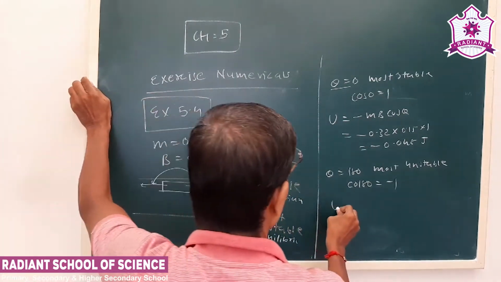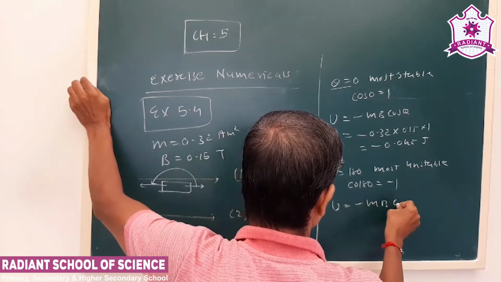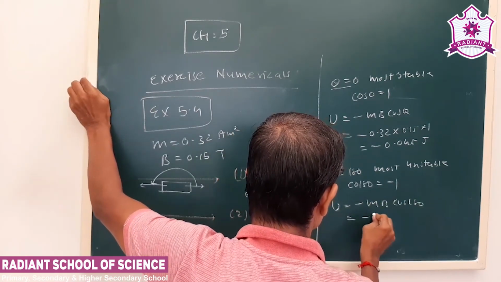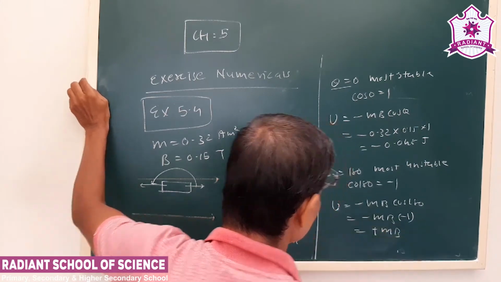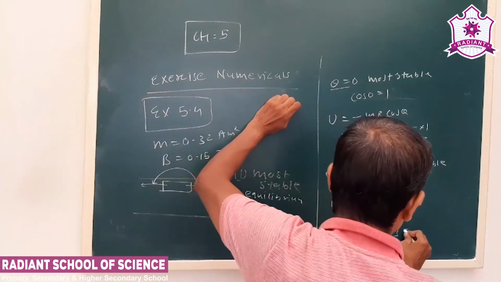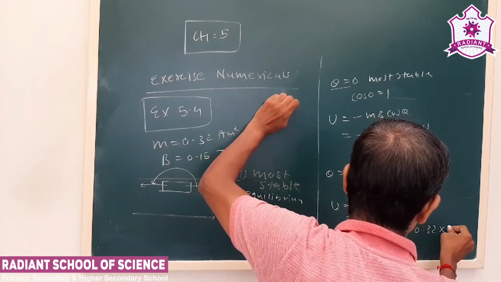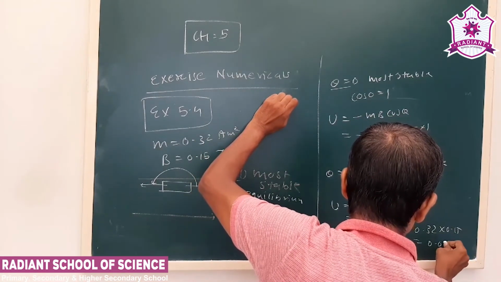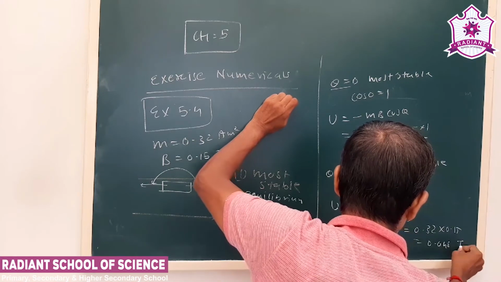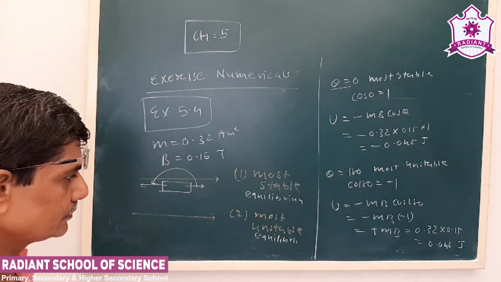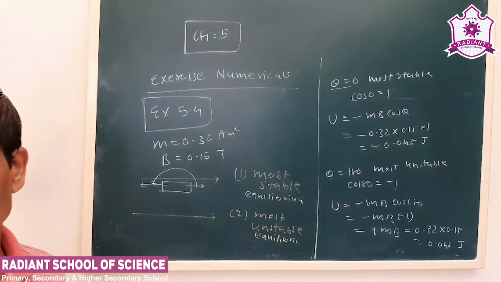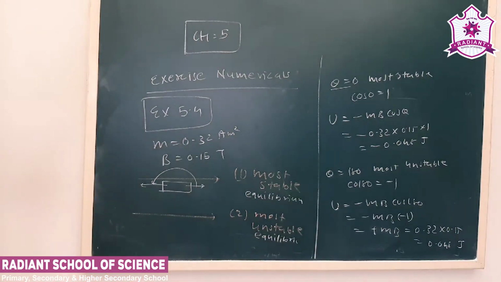So U is equal to, now you get a similar value here, with the opposite sign. So that is the value of the potential energy in the most unstable condition. See, this is about exercise number 5.4.